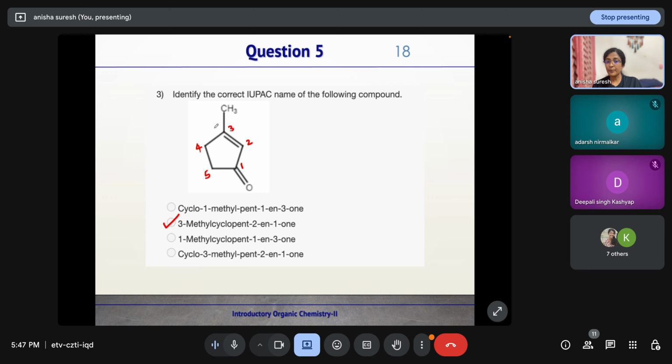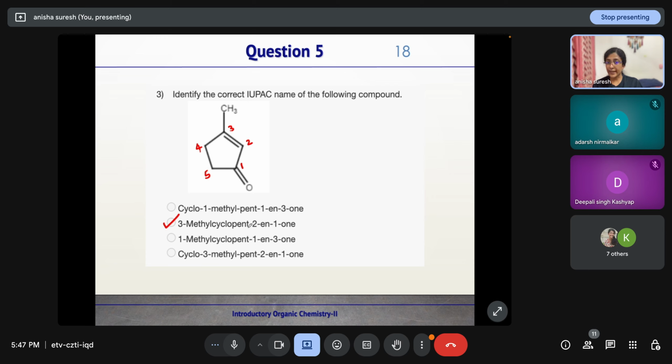So this is a cyclopentane ring, and ketone is present, so -one will be coming. In the second position alkene is coming, so 2-ene is coming, and this methyl group is present in the third position. When we are telling the IUPAC name, we will be giving preference to substituents while writing. So 3-methyl first it will come, then it is a cyclopentanone.